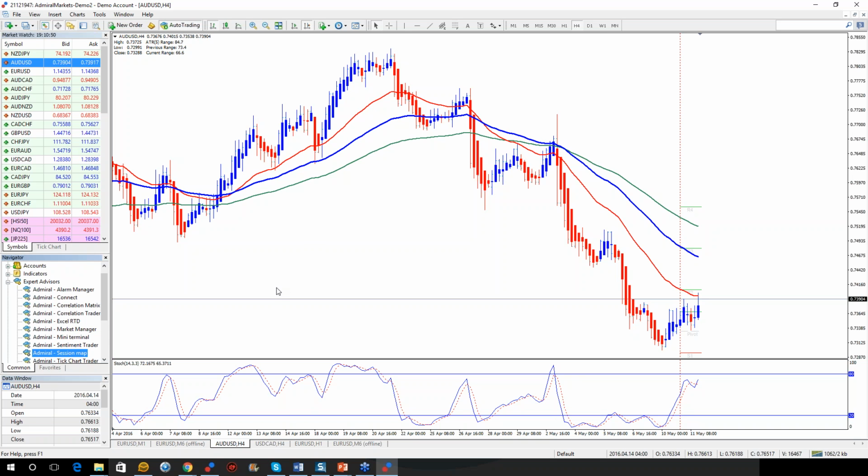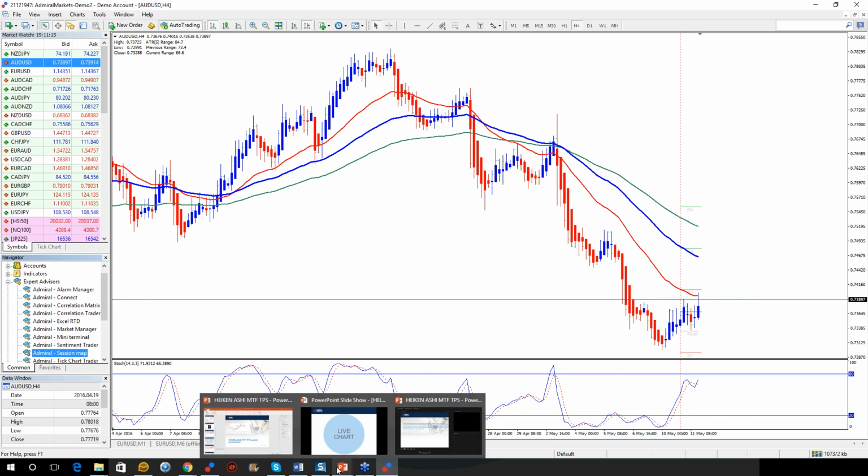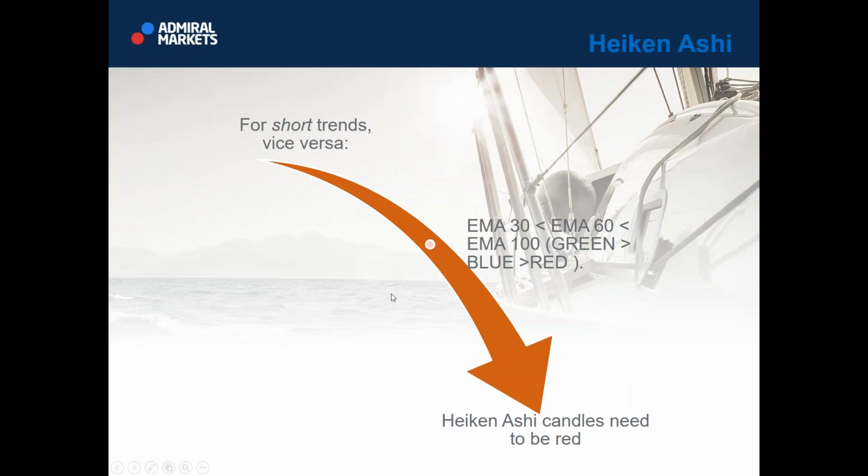So actually, what you want to see is a pullback at least like this towards this EMA or towards these two EMAs. Now we don't know whether the price will pull back here or there, but we are here to capture it. So we want to see a pullback. Okay, that is the first rule, and that is clearly defined here.